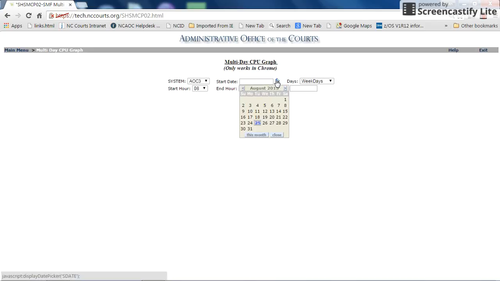I will go back a couple of months before we got our new processor and look at every Wednesday. And I could change the hour intervals, just look at the morning or the afternoon, which is helpful to look at peaks, but I'll just leave it on 8 to 5 for now.